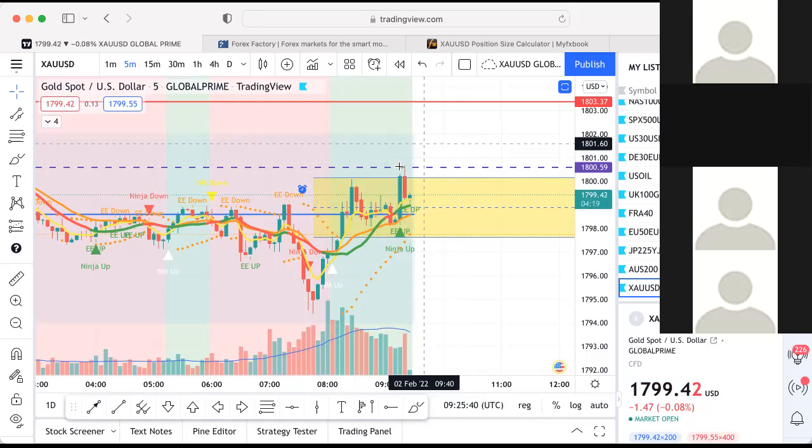Nobody knows, but I suspect that was a bit of a stop hunt. They were taking out stop losses where people were.